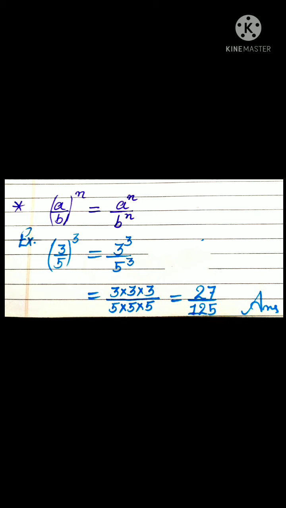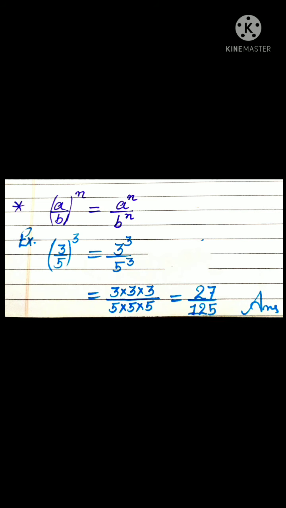Now as the example, like here it is 3 upon 5 to the whole power 3, which can be written as 3 to the power 3 and upon 5 to the power 3. Now we will expand this 3 into 3 into 3 in the numerator and the denominator, 5 into 5 into 5. When you will multiply this, you will get 27 upon 125.